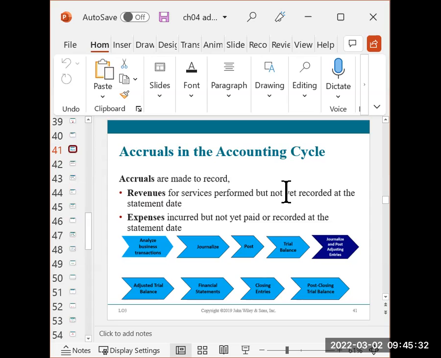So accruals are done for either revenues for services that we performed for a customer that we haven't billed them for yet, and we haven't put them in our books yet, and they haven't paid us yet, or expenses that we have incurred, which means they've happened, but we haven't paid them yet or recorded them in our books.